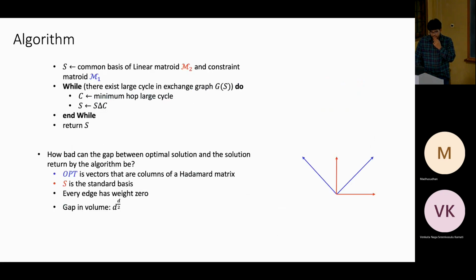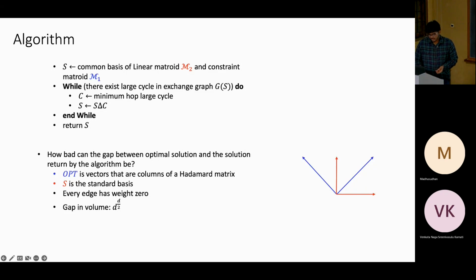So just putting pieces together, you start with the common basis of both the linear and constraint Matroid, and you set up the exchange graph. And while there is a large cycle, you find a min hop large cycle, which you can do by reducing that problem to finding a negative cycle in the same graph with different weights.